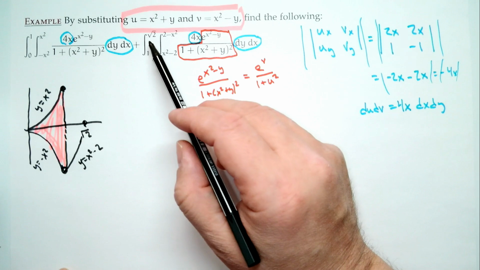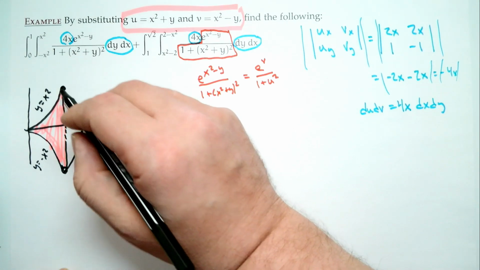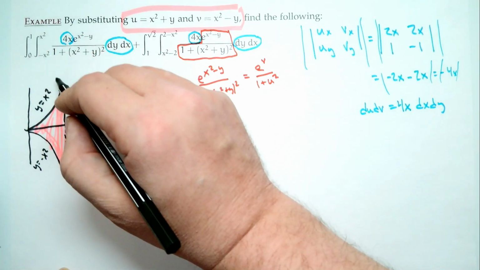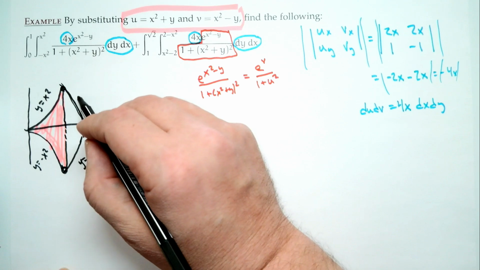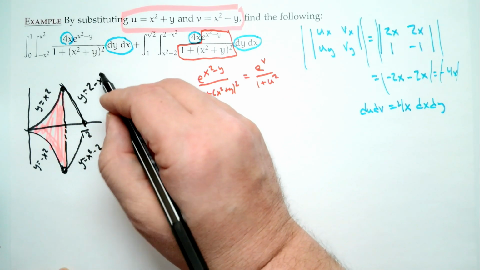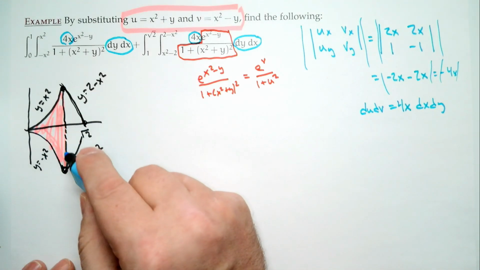Where are we at when we plug in root 2 into 2 minus x squared? 0, which means that we're there. So it's this parabola that comes down and looks something like that. So that's our y equals 2 minus x squared.